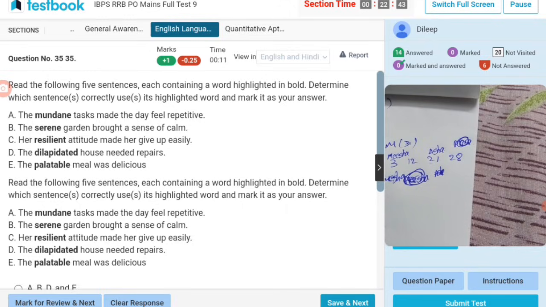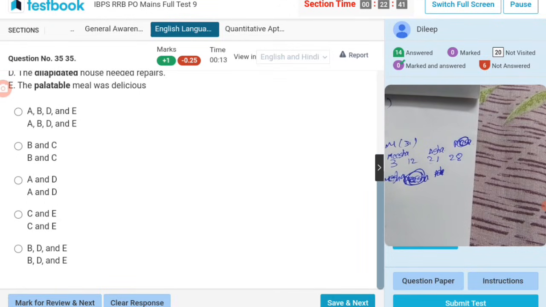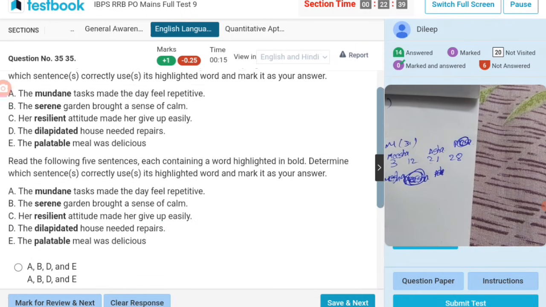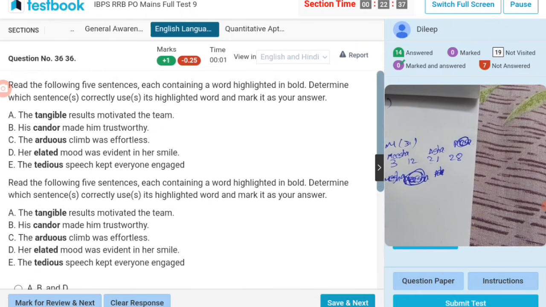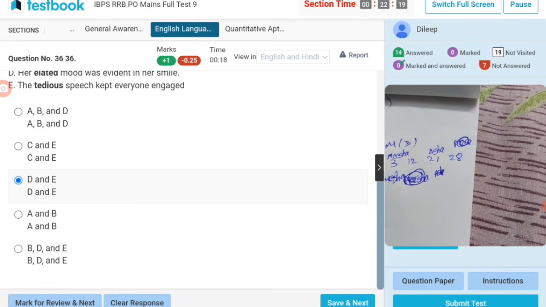Palatable. Tangible results. So I think D and D.